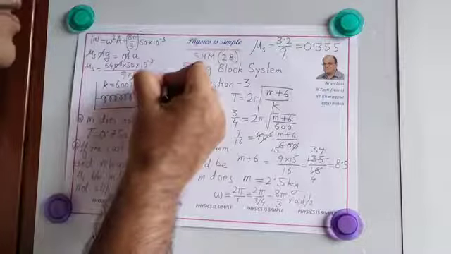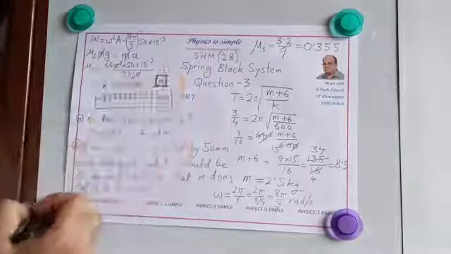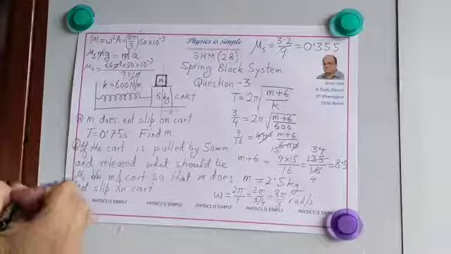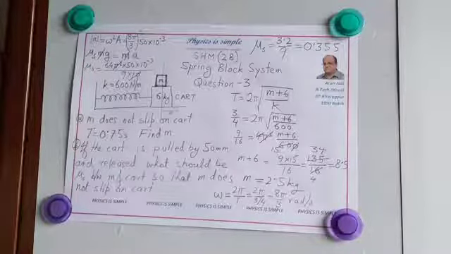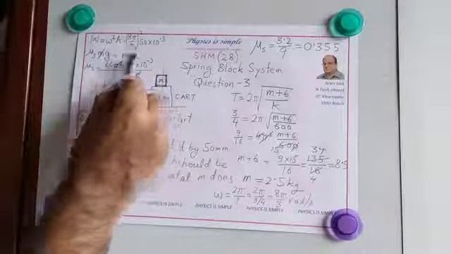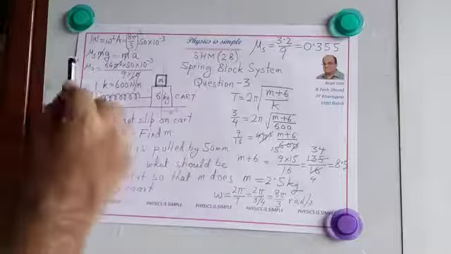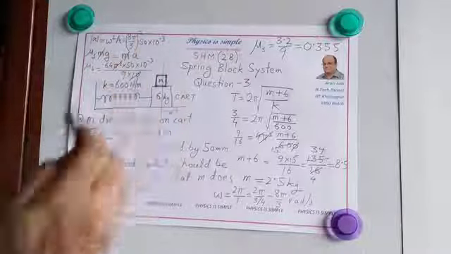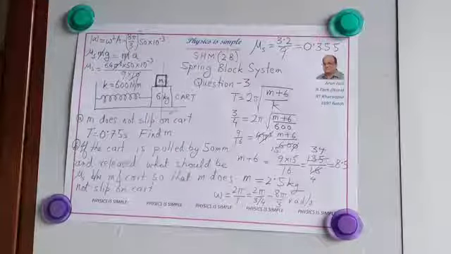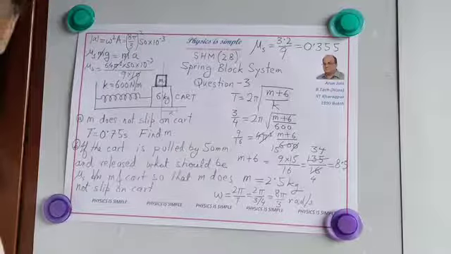Only thing that can make this top block accelerate is the frictional force, and that frictional force is mu s mg, maximum value of frictional force, and that must be equal to mass into acceleration. Therefore mu s becomes a by g, and therefore we get mu s as 0.355.